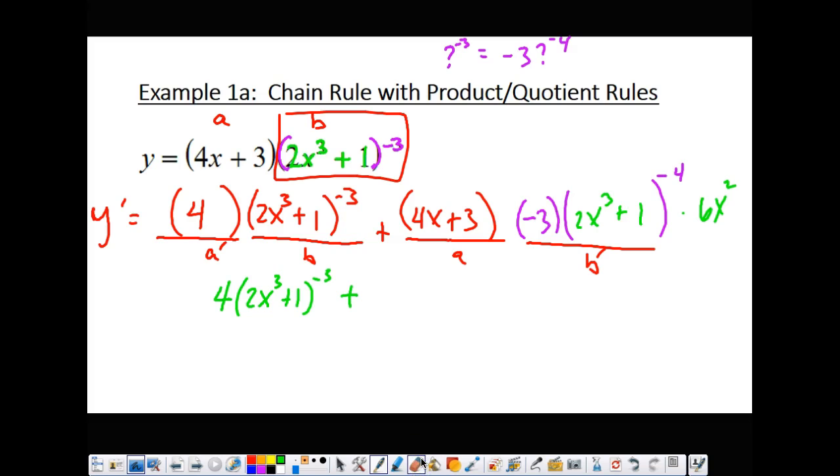What's negative 3 times 6x squared? Negative 18. So I think they would drop the plus there. And I think they would just change it to negative 18x squared, and then they'd have the 2 parentheses after that. That's what I think you could expect to see, but I'm not sure.